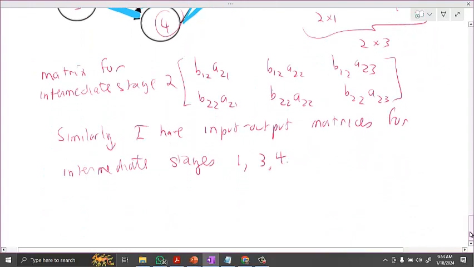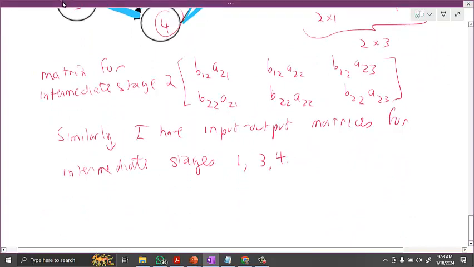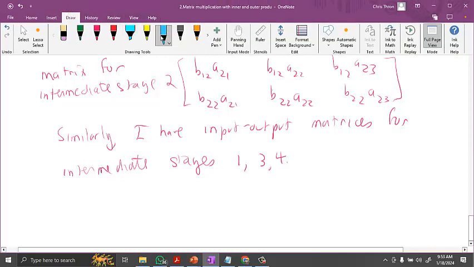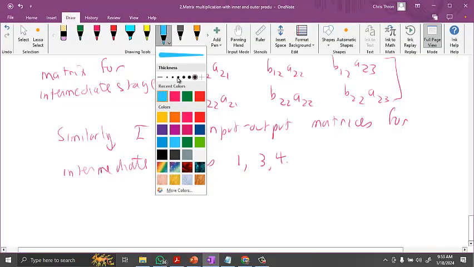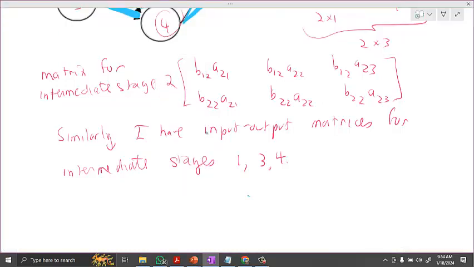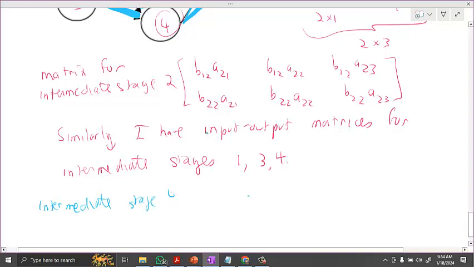All right, so let me just do that particular example. So the matrix, let me take this down again. So for example, for intermediate stage 4, my matrix would look like this. Instead of the 2's, I would have 4's.